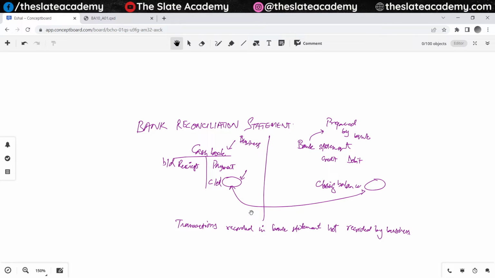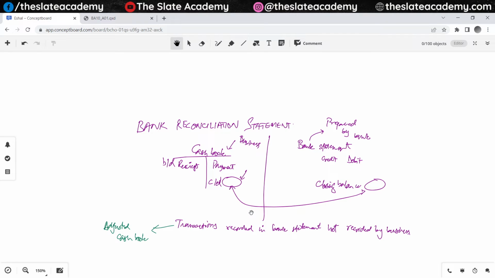Okay, but the natural reaction to this should be that I should update my cash book. In order to incorporate these transactions in my books, I would have an adjusted cash book or updated cash book.